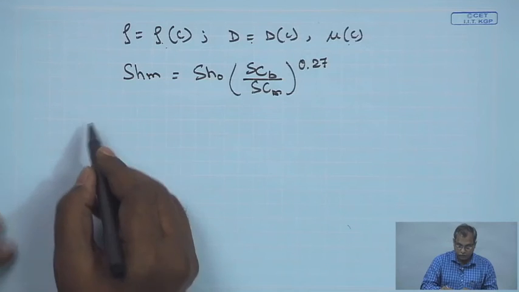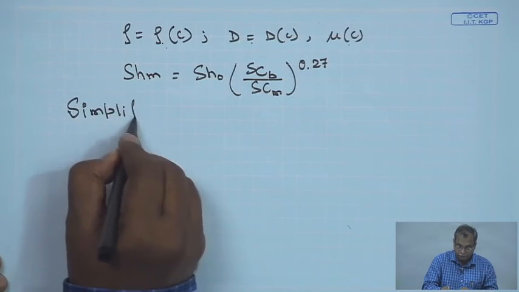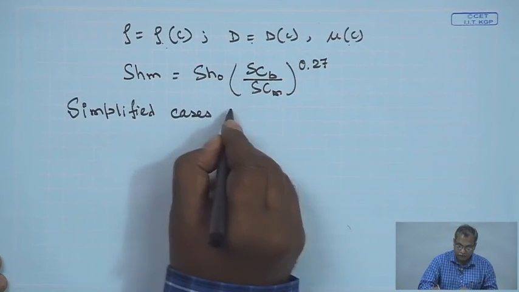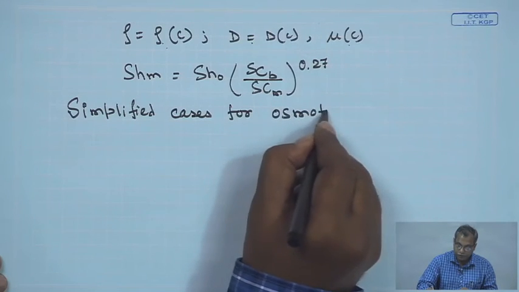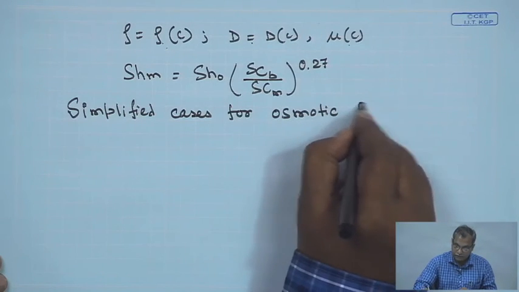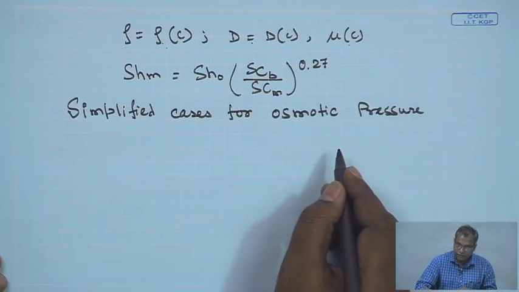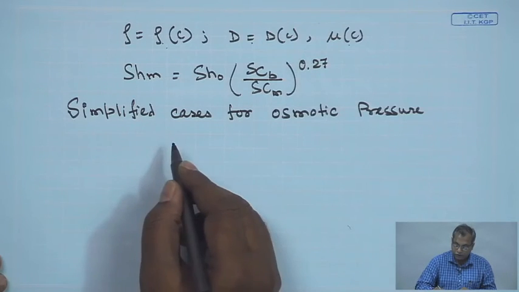We will be looking into some simplified cases for osmotic pressure controlled filtration, because we have already seen that in an actual case the solution has to be an iterative one, through the Newton reduction technique.